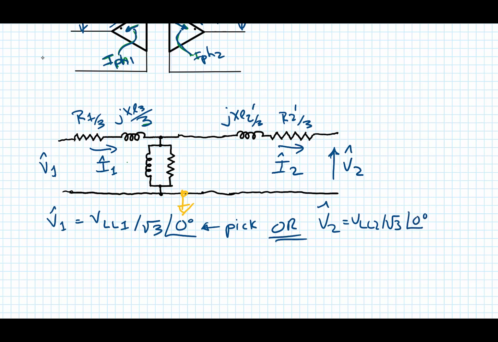You have to have either or and work it one way or the other, okay? If you have this, then the input angle is dependent. If you have this, the output voltage angle is dependent.